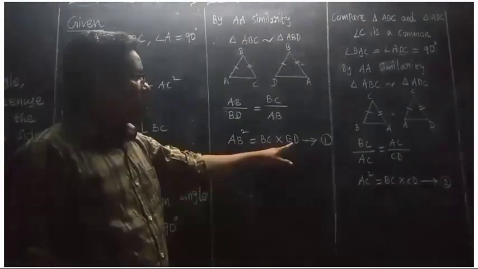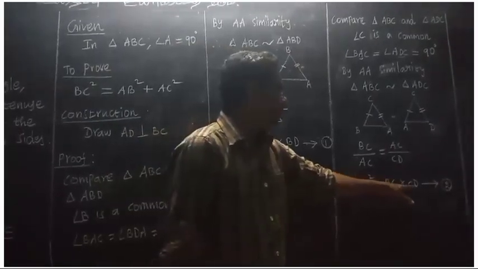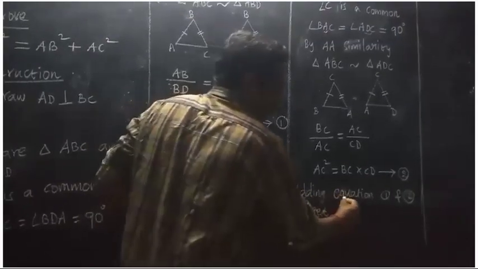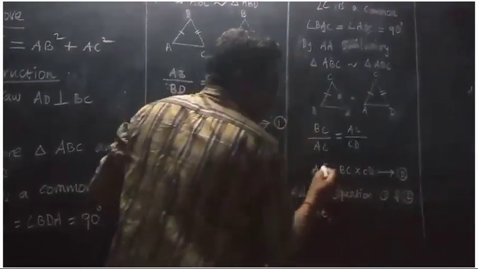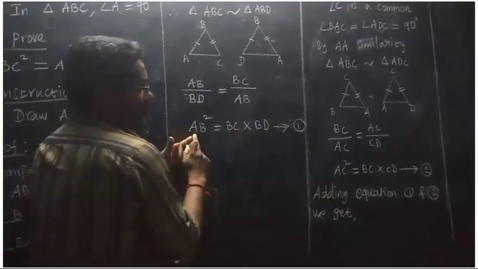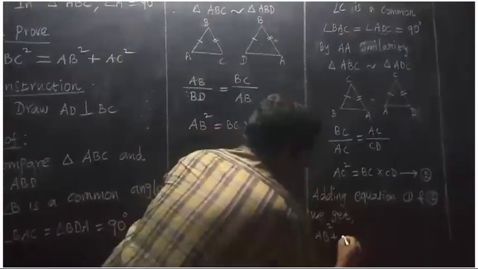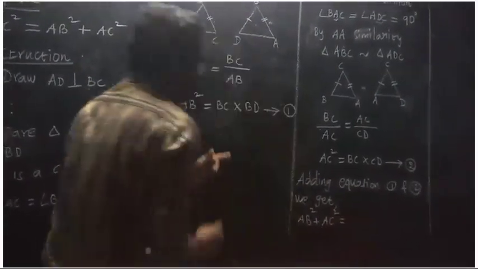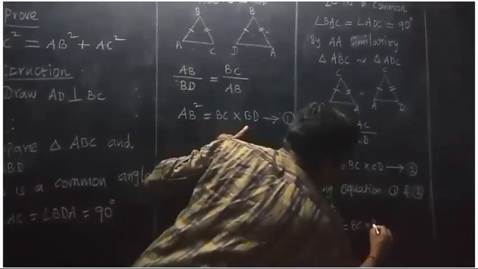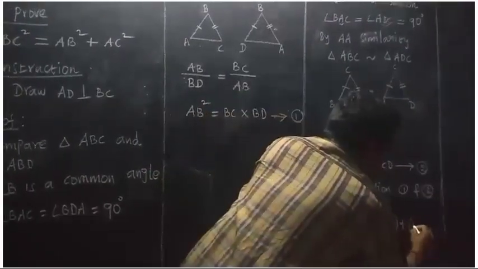The first equation: AB square equals BC into BD. Second equation: AC square equals BC into CD. Now adding equations 1 and 2, take LHS first: AB square plus AC square. The RHS is BC into BD plus BC into CD.